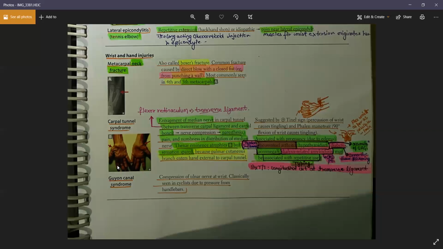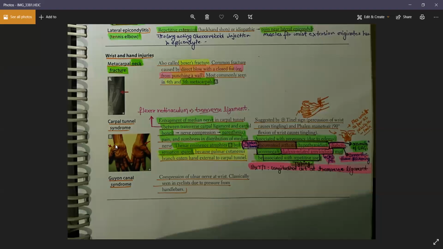Can I also have a loss of sensation of my first, second, and the third finger? Sorry, second, third, and fourth finger. Sensory loss. Can I have that? Yes. So you will have the sensory loss of the second, third, and the fourth finger, but not the thumb.